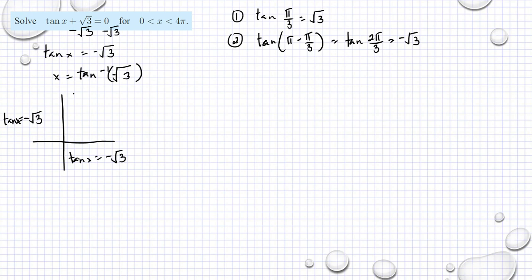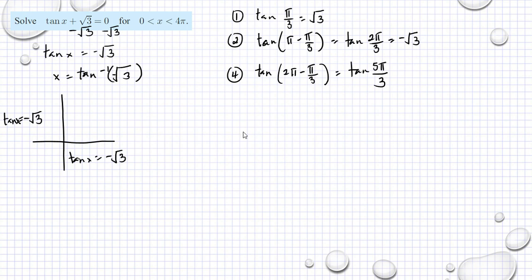In the fourth quadrant, we have 2 pi minus pi divided by 3, then we have tangent of 5 pi divided by 3.